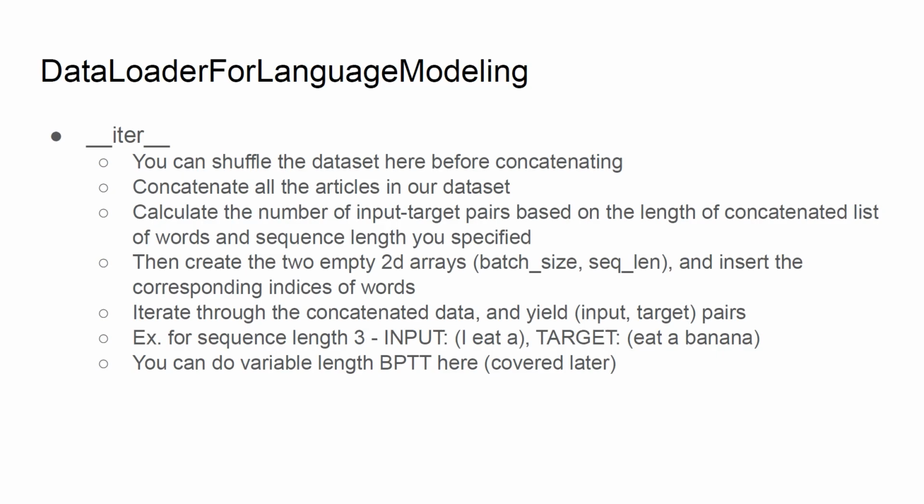Iterate through the concatenated data and yield the input-target pairs. For yield, you can search for Python yield to get more information about this. The sequence length is described in detail in the write-up, so please take a look at the write-up. You can also do variable length BPTT here, which is a regularization technique that will be covered later in this bootcamp.